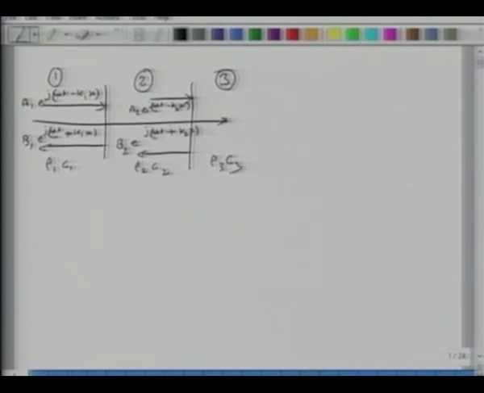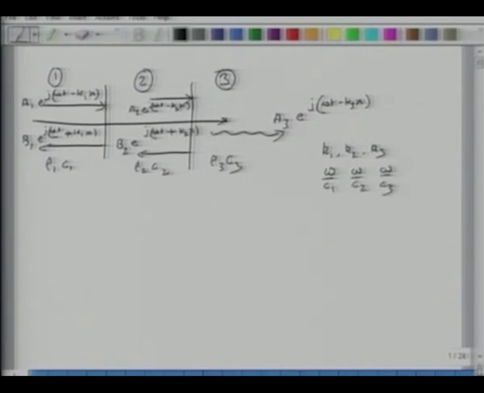Finally, the wave which emanates into the third medium is A3 e^(j(omega t minus k3x)). What are k1, k2, k3? They are omega over C1, omega over C2, omega over C3.